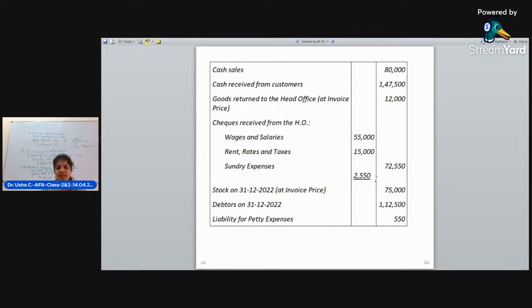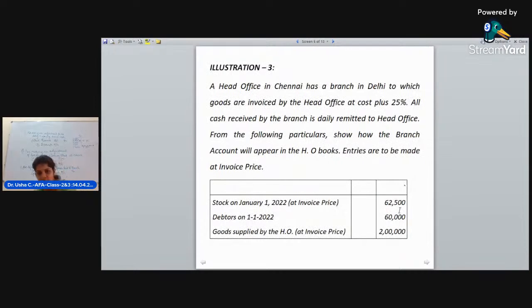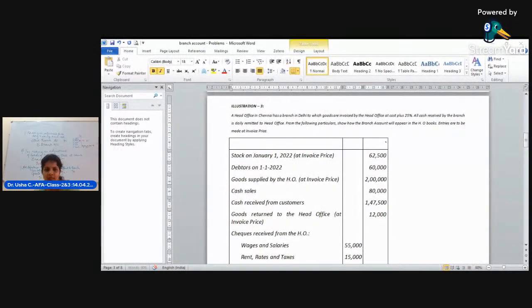We record it as branch account debtor to branch liabilities account. This entry we pass for the liabilities for petty expenses. So now this has to be recorded at the invoice price. Got my point? So let us do this problem.